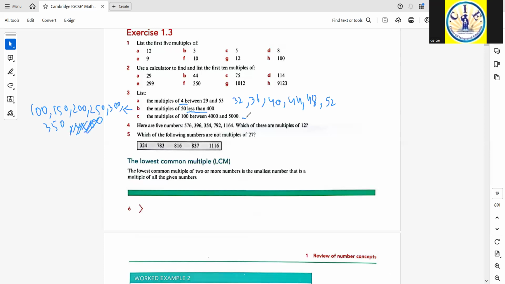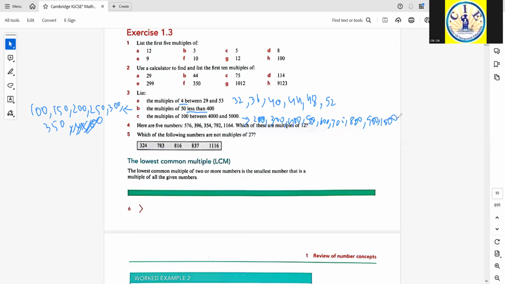So part C, the multiples of 100 between 4,000 and 5,000. Multiples of 100. 100 ones are 100, 100 twos are 200, then 300, 400, 500, 600, 700, 800, 1,000.